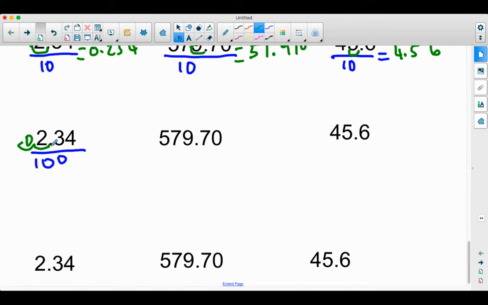Remember, anytime that you are out of digits, you have to replace the rest by zeros. So that would equal 0.0234.